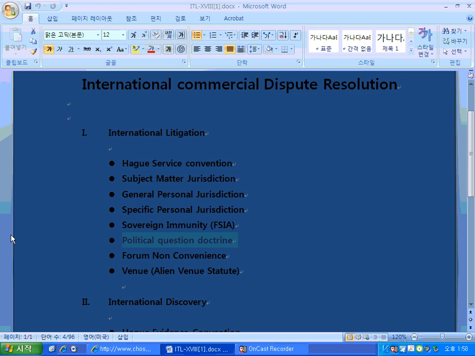And also, on international discovery, the official title of the convention is the Convention on the Taking of Evidence Abroad in Civil and Commercial Matters, popularly called the Hague Evidence Convention.